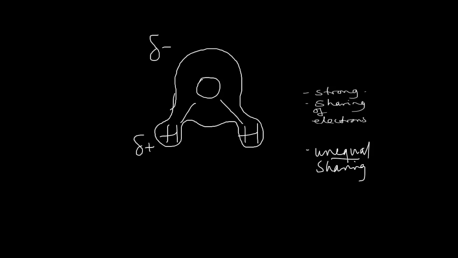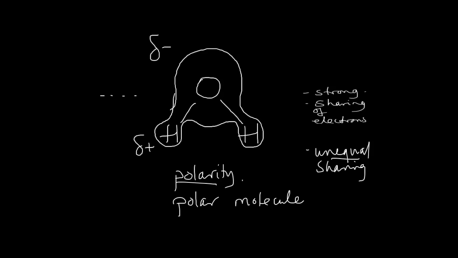Okay? And this is what we call polarity. We describe water as being a polar molecule because it has these two poles. We draw a line over there. Water has clearly got a slightly positive pole and a slightly negative pole.